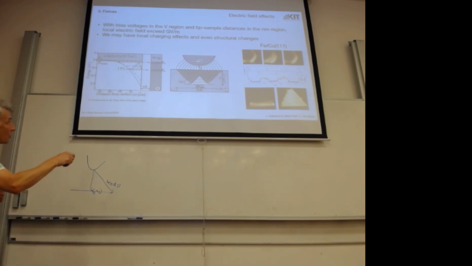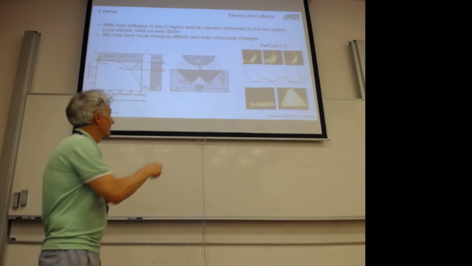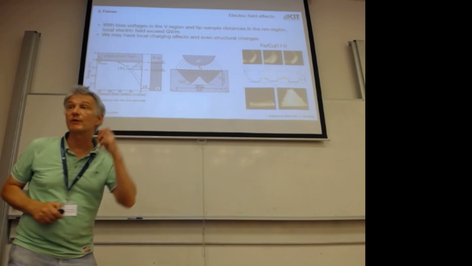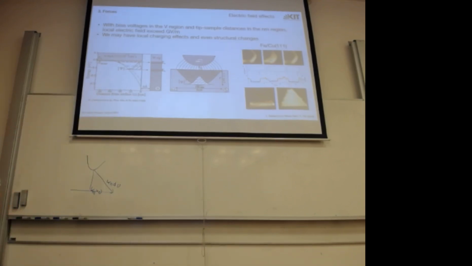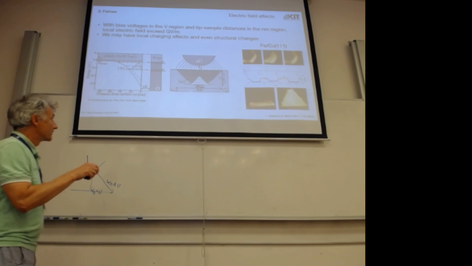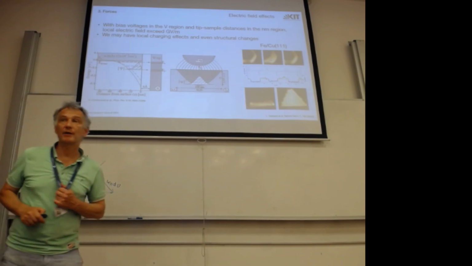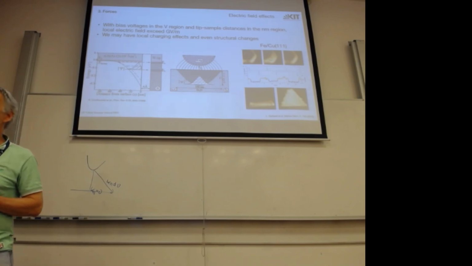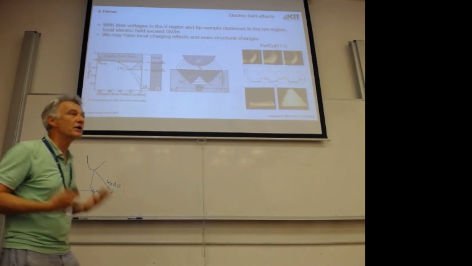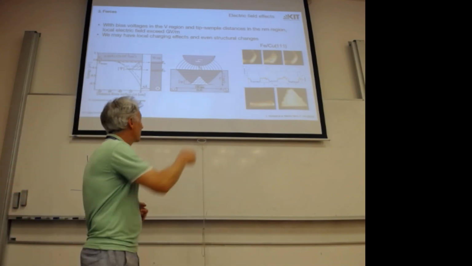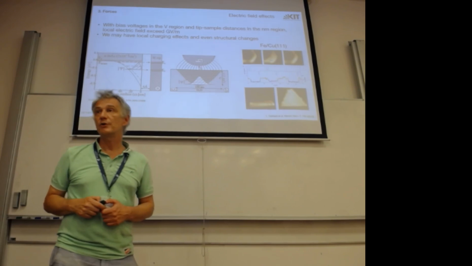That means we locally form a quantum dot below the tip and strongly modify the density of states. So that was a typical example. If you look at semiconductors, keep in mind that screening is not very efficient there. What you see is not the density of states of the uncharged semiconductor, because applying this electric field gives band bending.